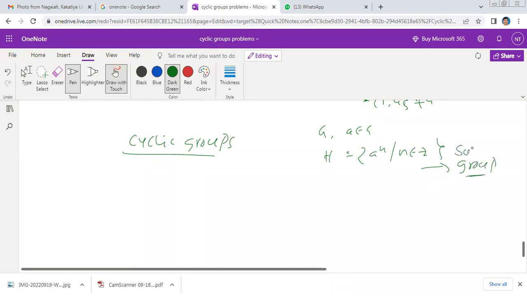We proved it is a subgroup of the group G. This is called a cyclic group.